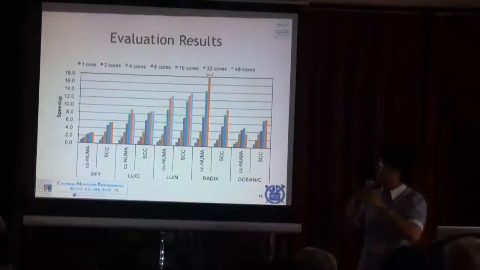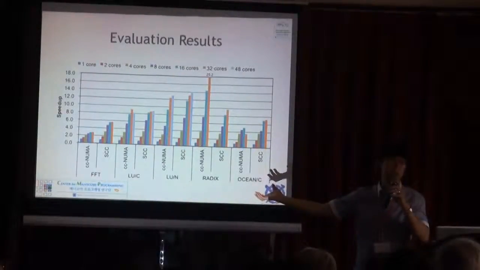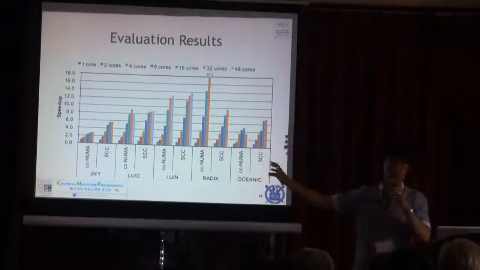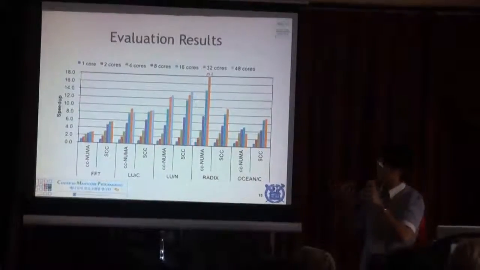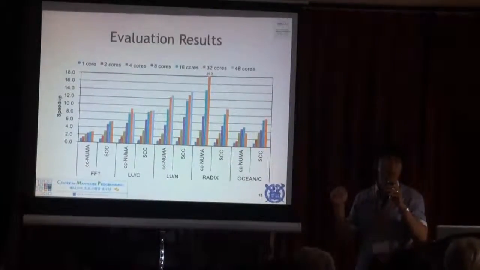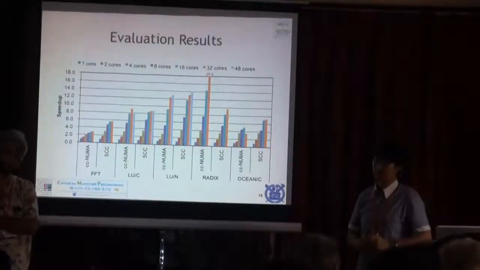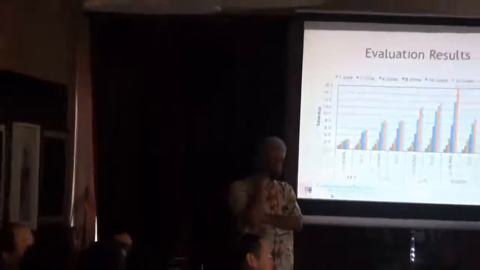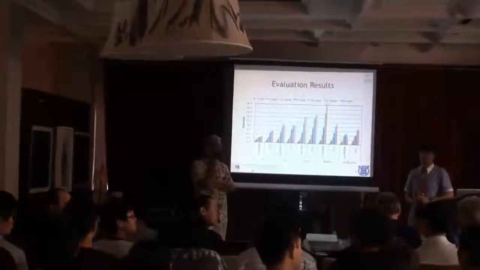In our case, the SCC core is not that powerful, but we compare the two machines with the same input data. As an author of the paper, I will answer that question. FFT is an irregular application, and it does not contain that much parallelism. That's the reason why we got poor performance on the CC-NUMA machine.